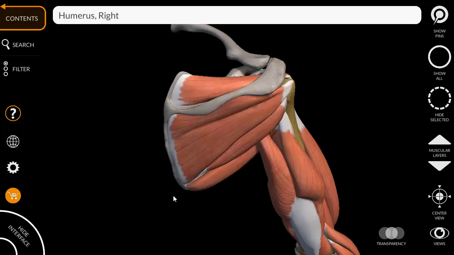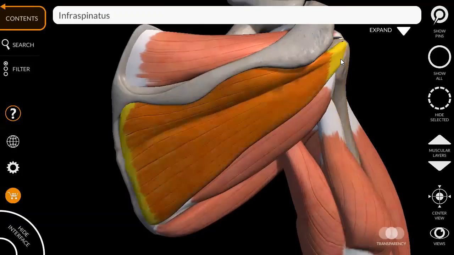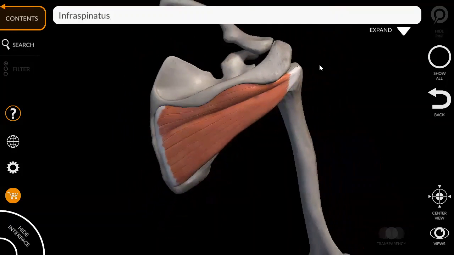So what it does is it sticks here and moves it through stretching and shrinking right here, and it innervates here.